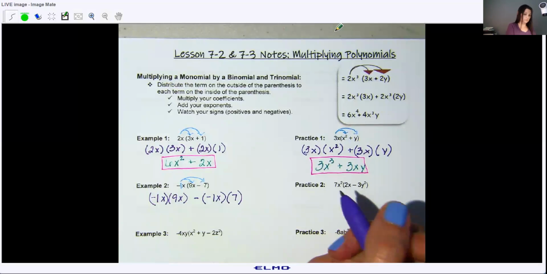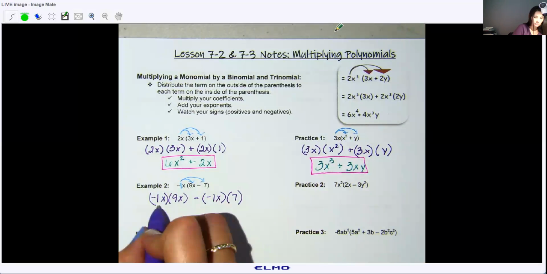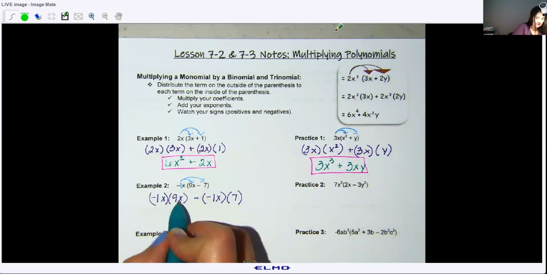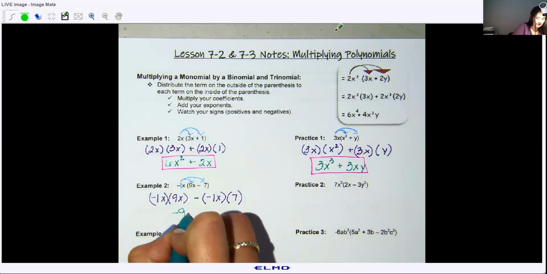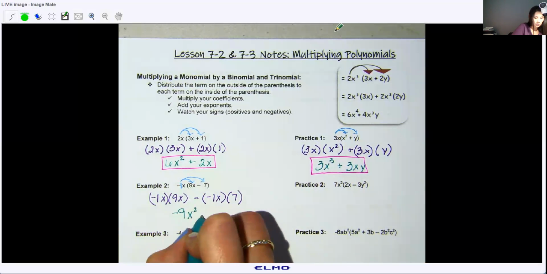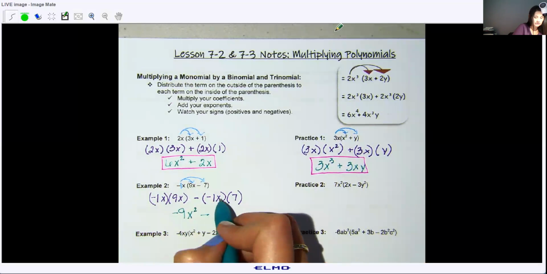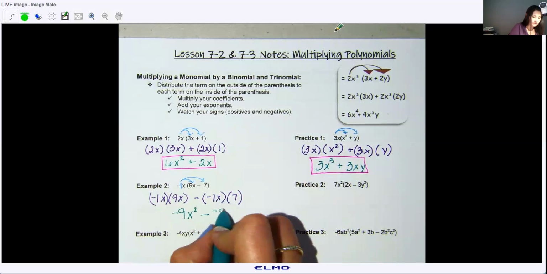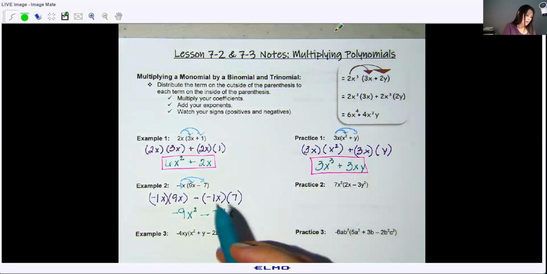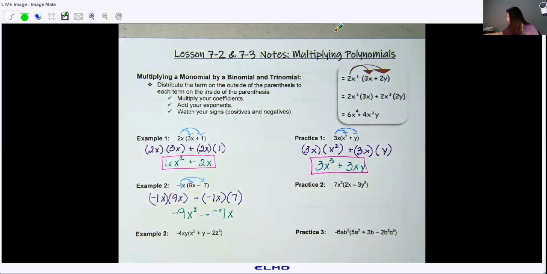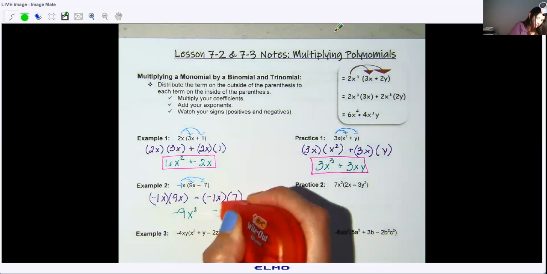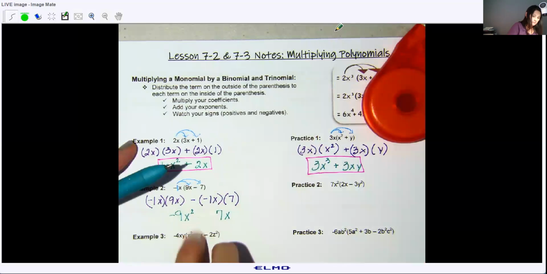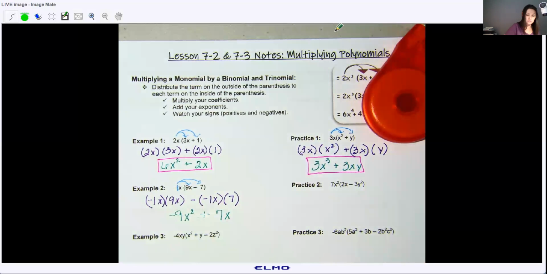All right, so we end up with negative 1 times 9 is negative 9, x times x is x squared. And then we're going to subtract a negative 1x times 7, which gives you a negative 7x, right? Now, minus a negative is the same as a positive. So I'm going to change this to a positive here. Okay, and then that's your answer for that one.